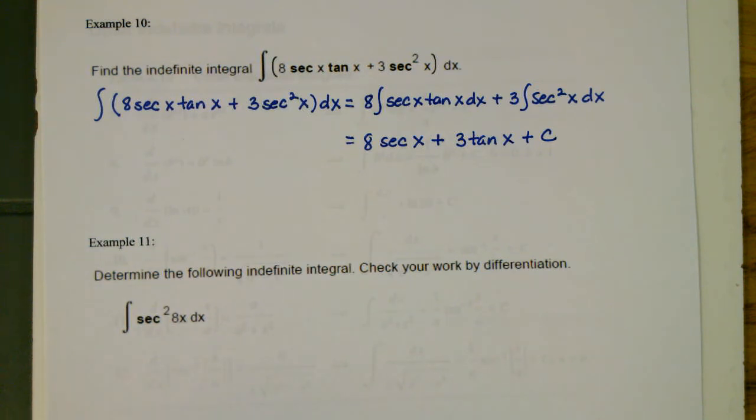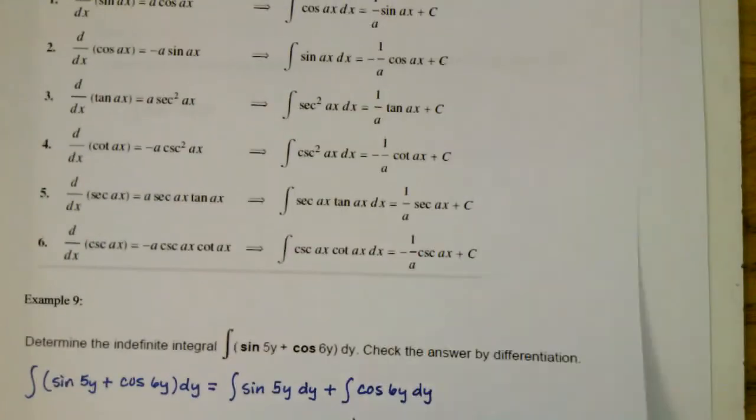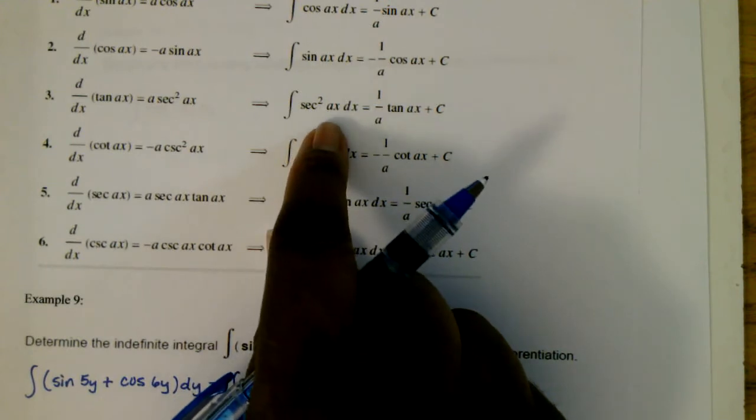Okay. Let's look at this one, example 11. Determine the following indefinite integral. And we're going to check by differentiation. So here we got the integral of secant square 8x dx. Okay, so going back to this here, we can find the integral of the secant square of x.